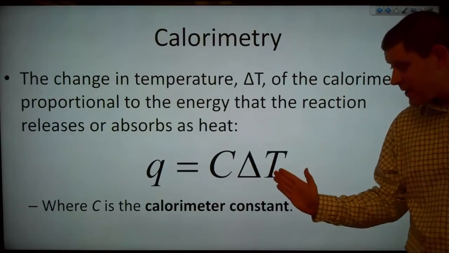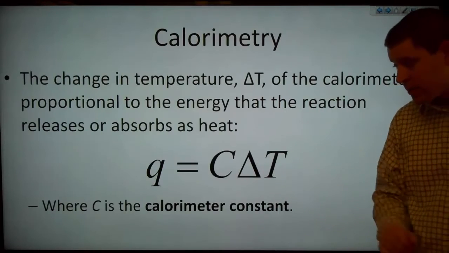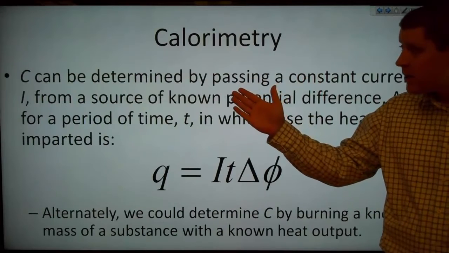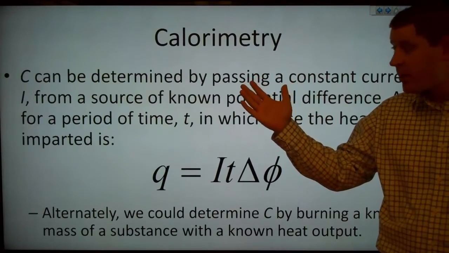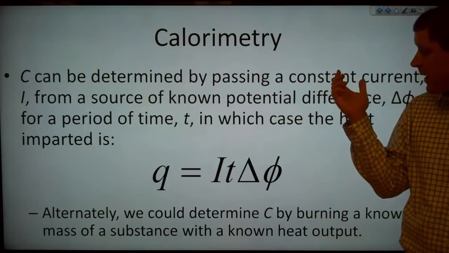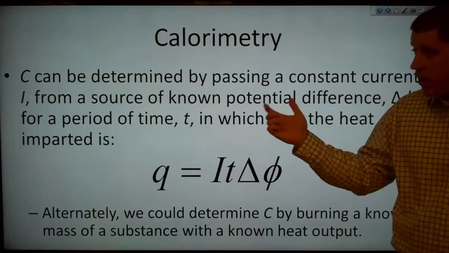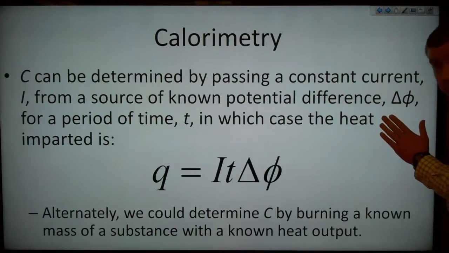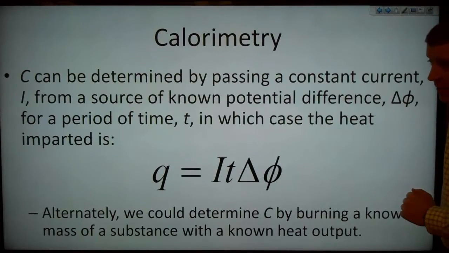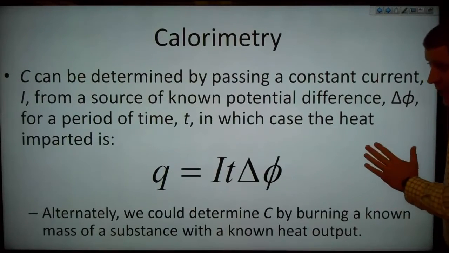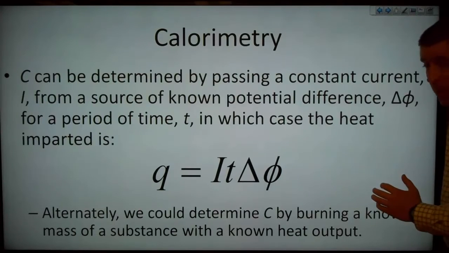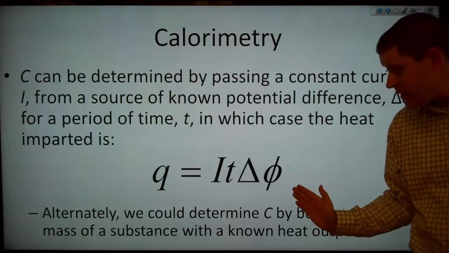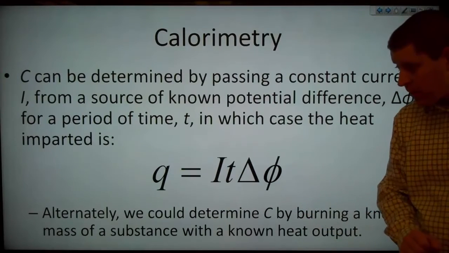So Q is equal to C delta T, where capital C is the calorimeter constant. The calorimeter constant C, which is really the heat capacity of our calorimeter, can be determined by passing a constant current I from a source of known potential difference, delta phi, for a period of time t, in which case the heat imparted into our calorimeter is Q equals I times t times delta phi.